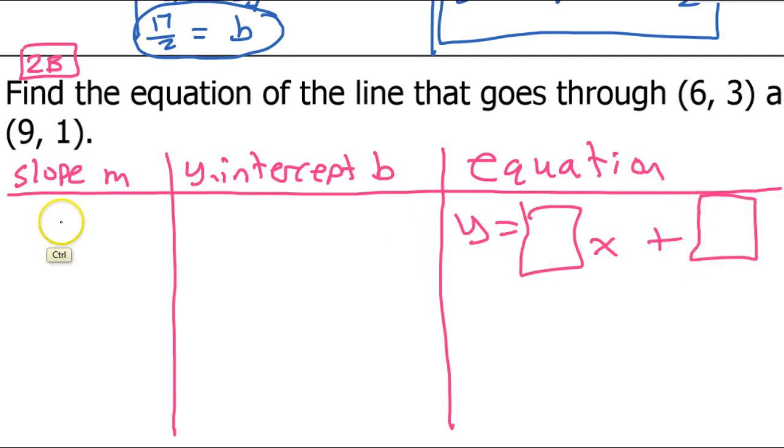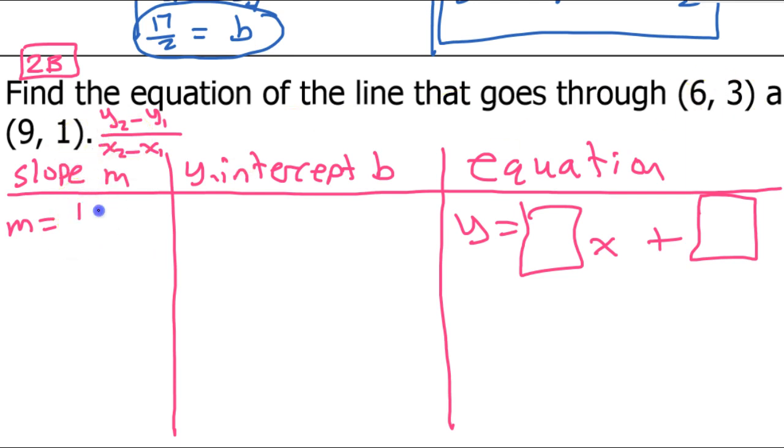All right, so first I need to find the slope. So the slope, remember the slope is going to be y2 minus y1 over x2 minus x1. Okay, so that's going to be 1 minus 3, right? That's y2 minus y1.